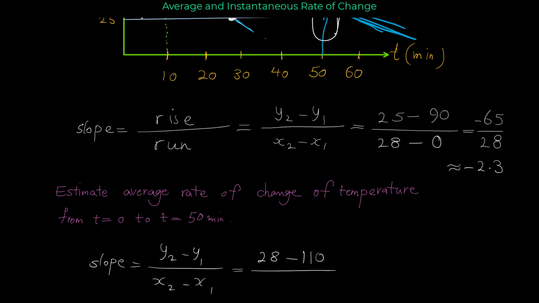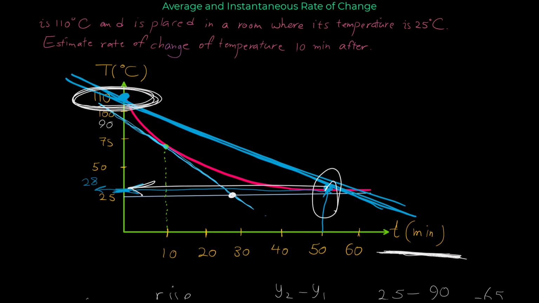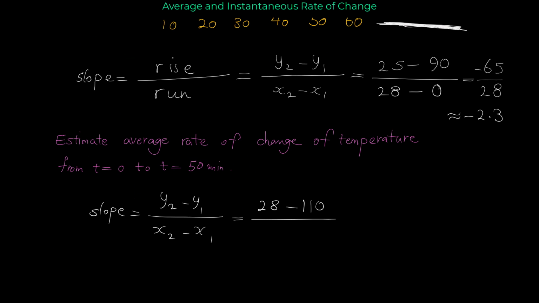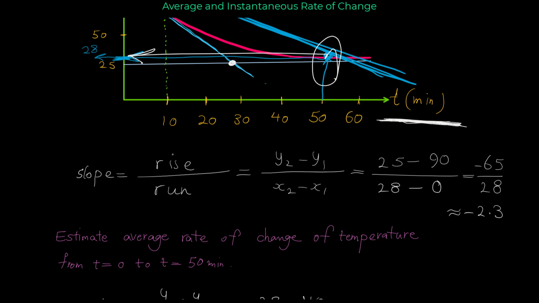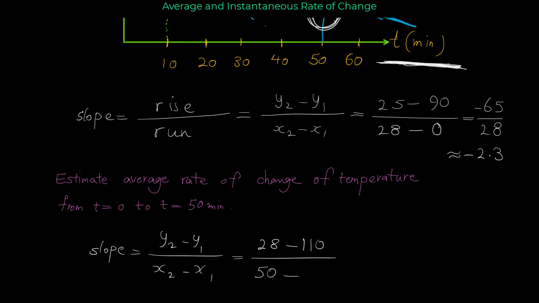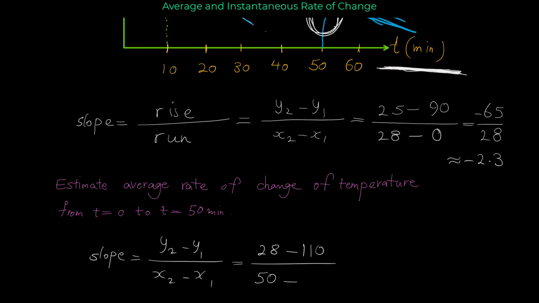over x2 minus x1. Attention, we don't have y values and x values in this question. We have t as the time for the x, and we have the temperature in degrees centigrade for the y values, but we use the same letters y and x. x2 minus x1. For the second point, the x coordinate is 50, and for the first point here, the x coordinate is 0.